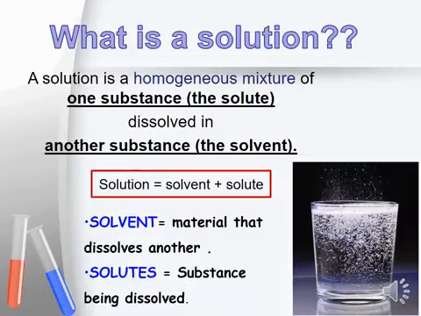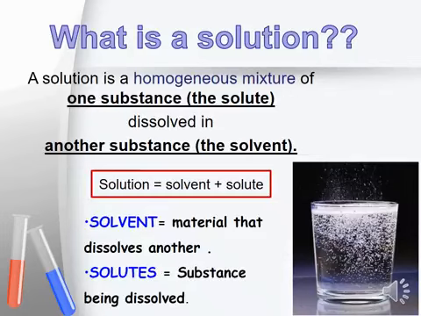The first one, which is solute, is the dissolved part, like sugar or salt. It is the substance that will be dissolved. The second substance is the solvent, which means the substance that will dissolve the solute.